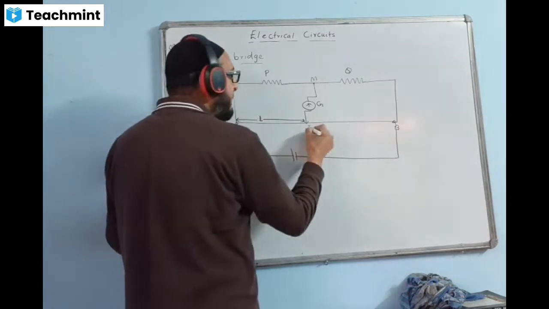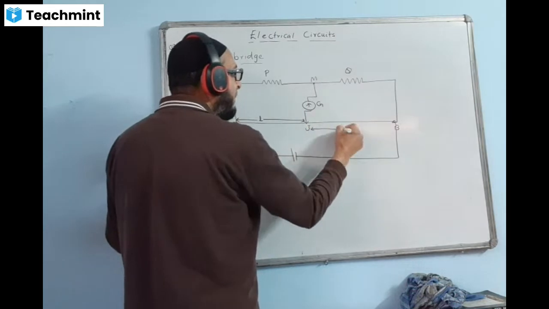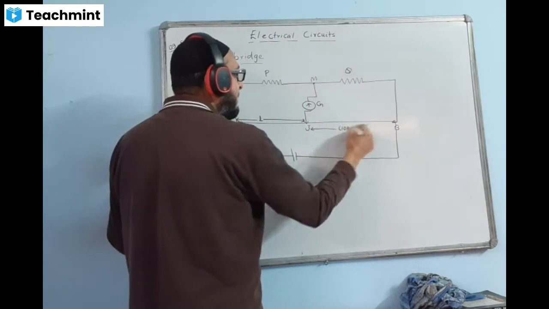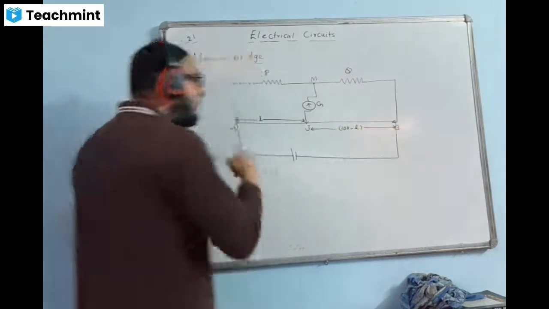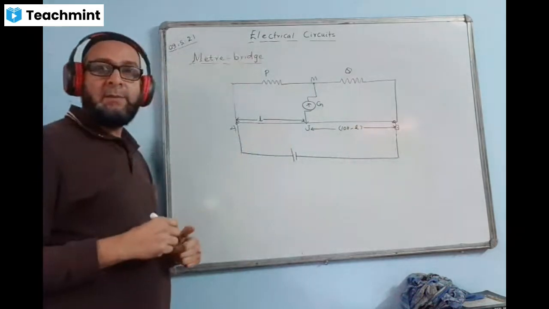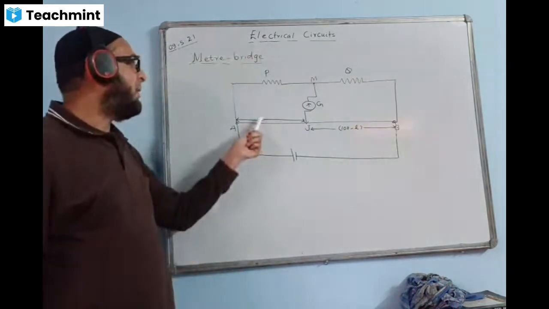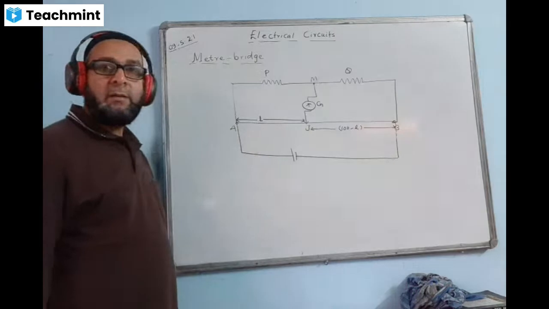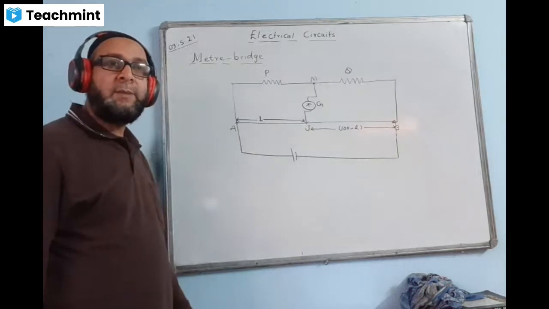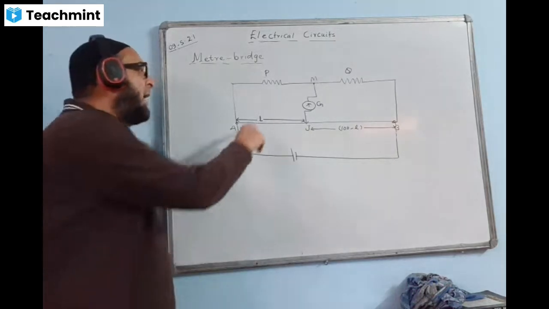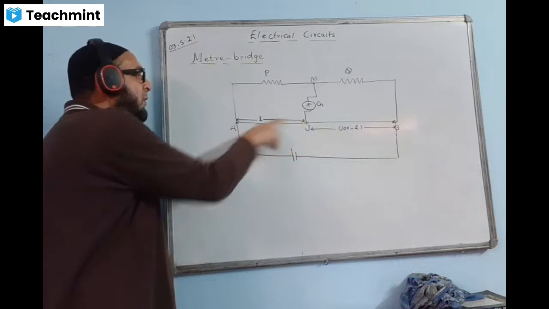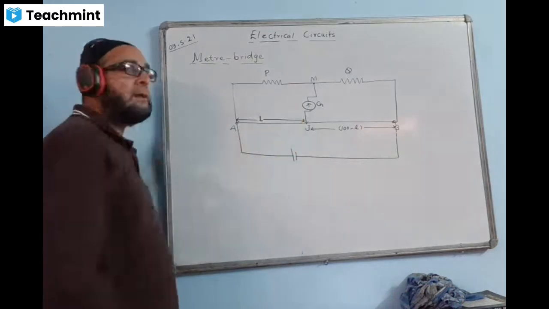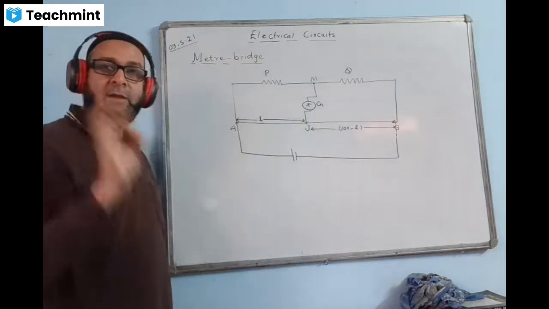Then from the other side, the length will be 100 minus L in centimeters. Total length is 1 meter, that is 100 centimeters. This will be L and this will be 100 minus L. What kind of length is this balancing length? It is the length of the jockey from the point A at which the galvanometer gives null deflection, that means zero deflection.